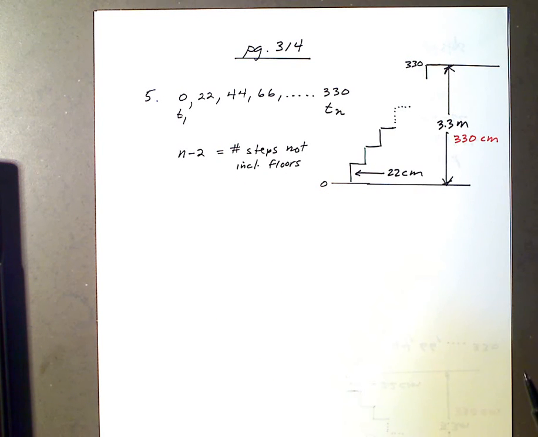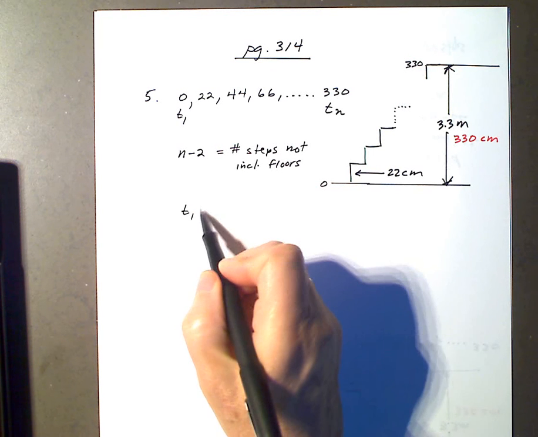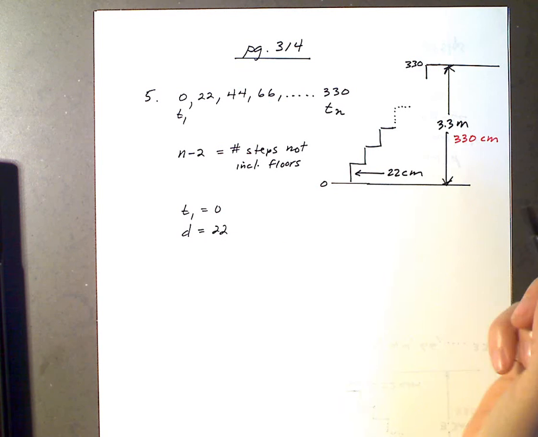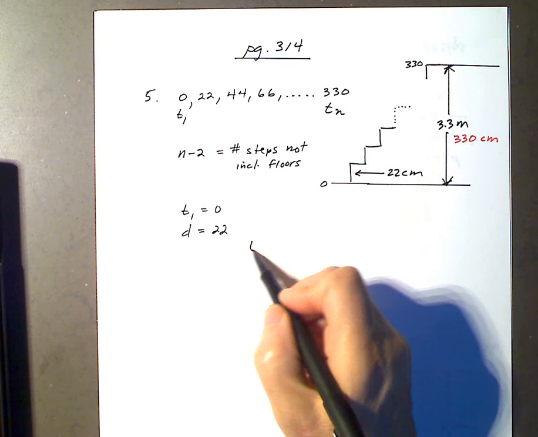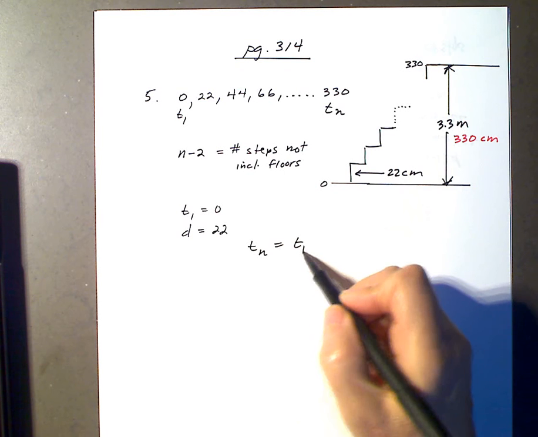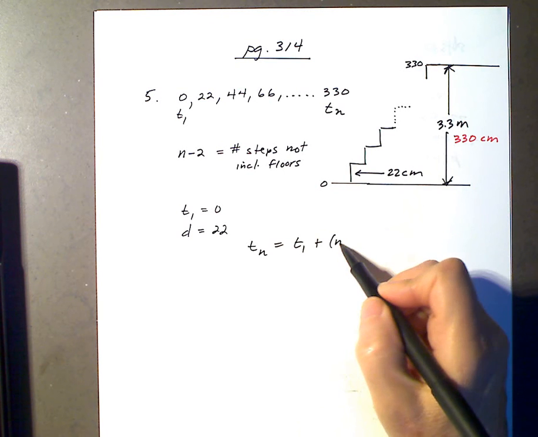Okay, so let's see. Term 1 is 0, the common difference is 22, and if I'm going to frame this as an arithmetic sequence, I would say any term can be found by taking the first term plus n minus 1 times the common difference.